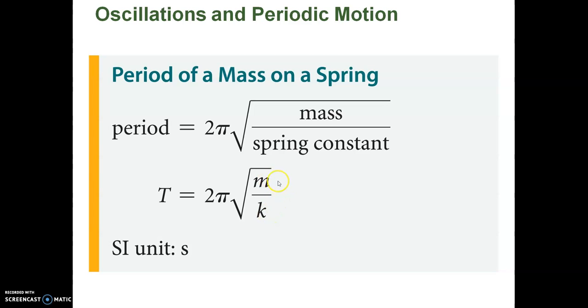Mass is in kilograms, force constant is in newtons per meter. If you plug them in proper SI units, I won't go through it here, everything cancels out and you're left with units of seconds, which is a proper unit for period. So the period of a spring, you take a mass, hang it on the end of a spring, and let it vibrate. The period is going to equal 2 pi times the square root of m over k. So plug in your mass, plug in the force constant, you can get the period.